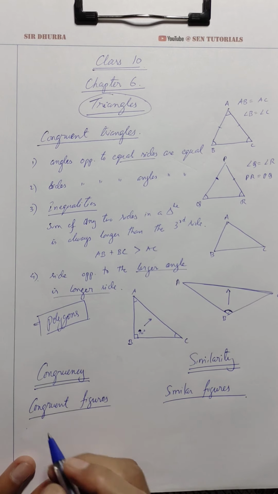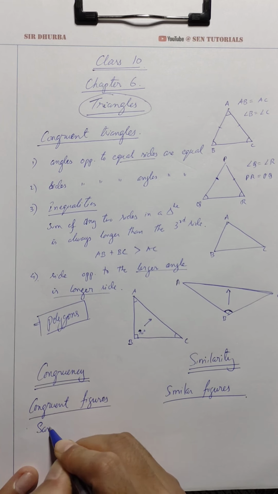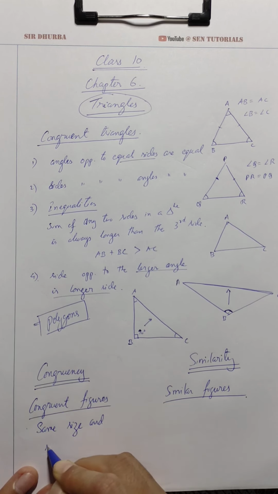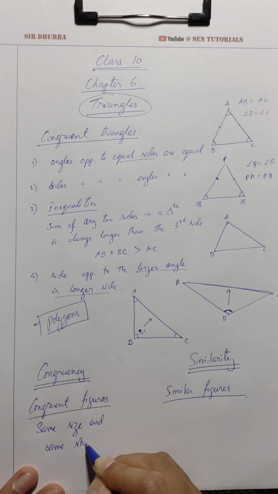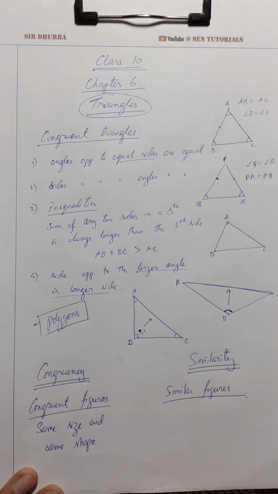So I'll just give you in brief, that is congruent figures. The condition is, if you remember, it should be of the same size and of the same shape. It has to be exactly the same. Nothing should be different. It should be just a Xerox copy.